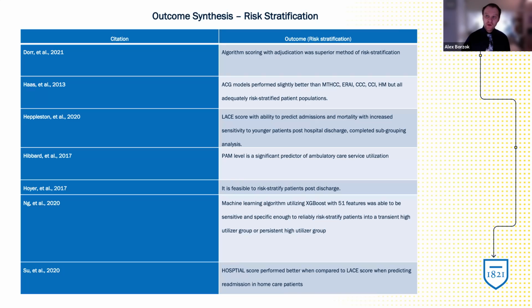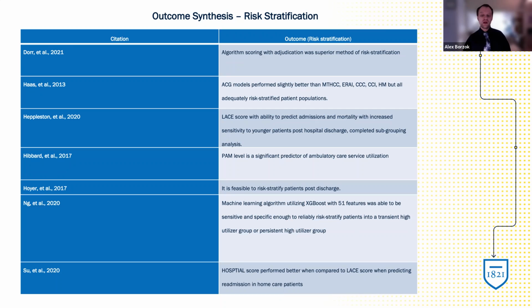However, you can use different tools that are out there that are more manual, such as the LACE score or Charlson Comorbidity Index or HCC scoring. Those all performed pretty much equally. There's no clinical significance that defines one over the other.